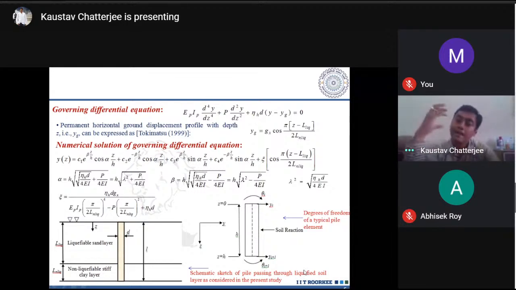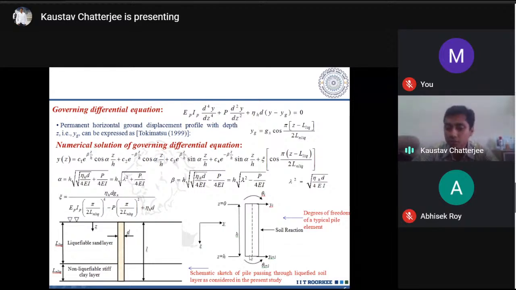Now, next, what have I done? This entire pile, I have discretized into a number of elements of equal height, say small h, and I have taken one element as given over here, having 2 degrees of freedom per node, because I have taken a 2D problem over here. That is translation yi and theta i, which represents the rotation component over here.